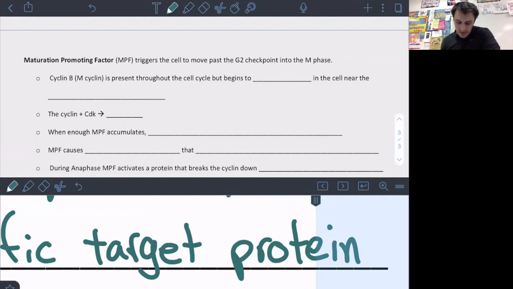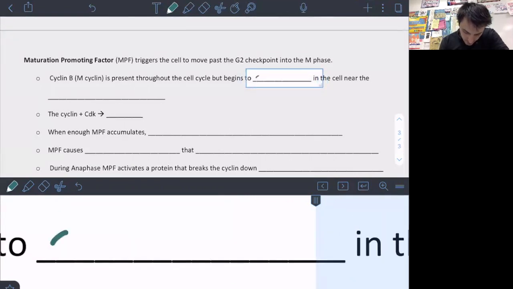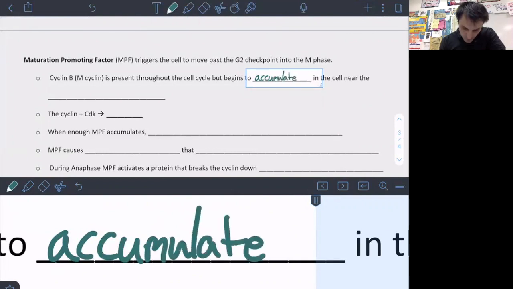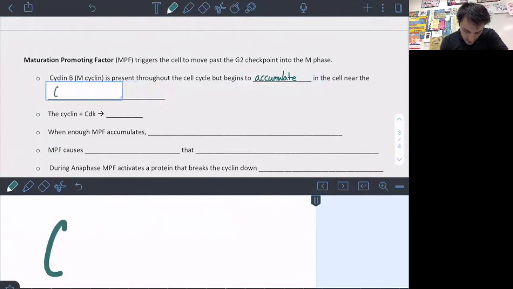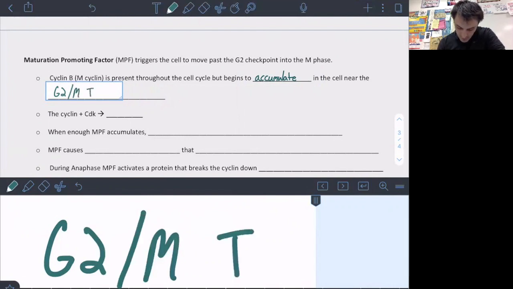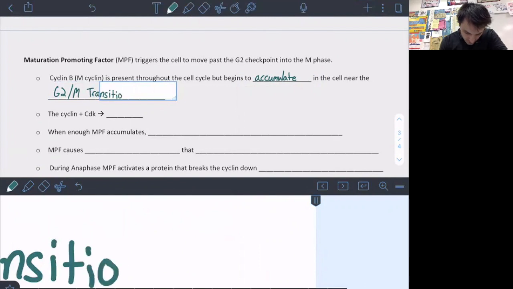Cyclin B, often called M cyclin because of the phase it's going to transition to, is present throughout the cell cycle, but begins to accumulate in the cell near that G2 to M transition, from G2 entering that M phase.